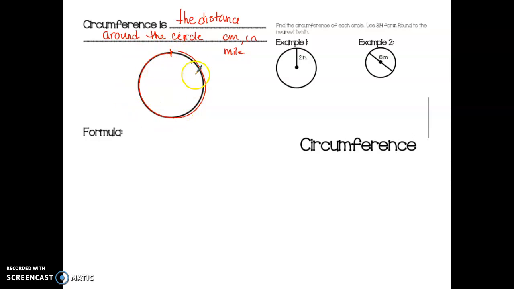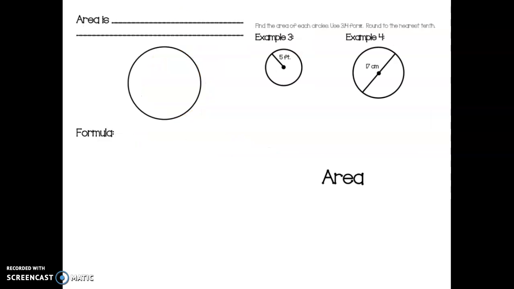We measured this with a string in class. The formula to find this is the circumference is pi, that 3.14, times the diameter, or if you have the radius of the circle, you can find circumference using 2 pi times the radius. These are all multiplied when we see no sign in between and they're just sitting beside each other. In class, we're going to work through these examples tomorrow, but make sure you have these final notes.